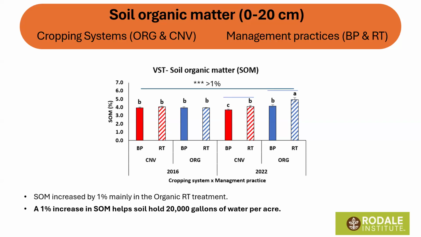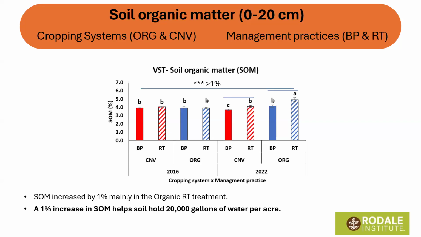As climate changes and less water would be available, or less rainfall would be in certain areas of the world, every increase in soil organic matter will help the soil to hold more water, about 20,000 gallons of water per acre.